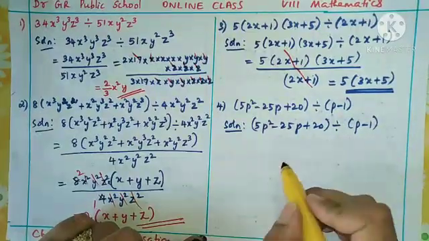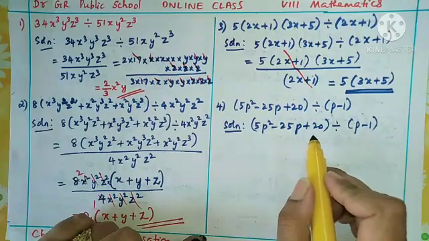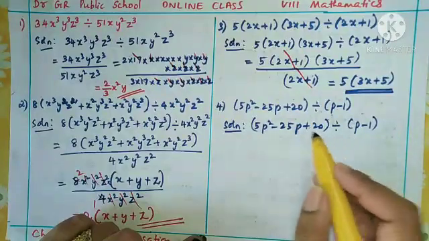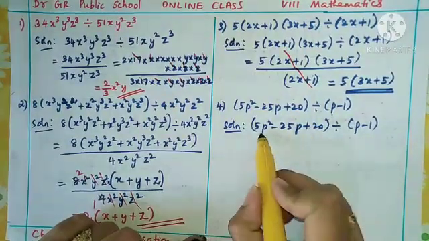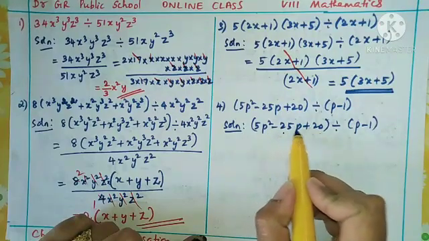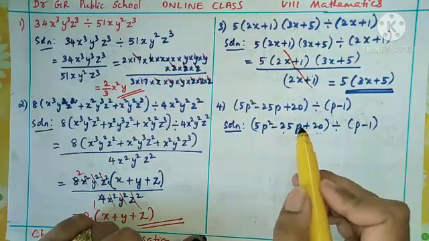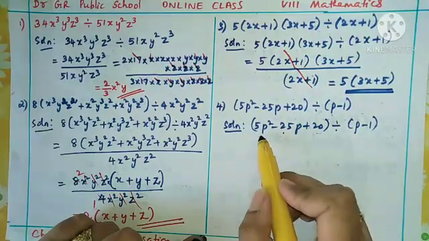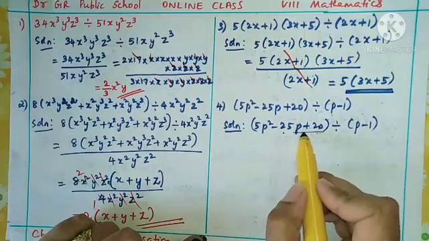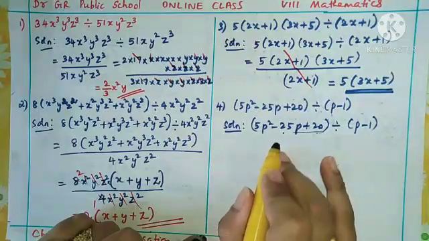So what I told you, you want to see the algebraic expression carefully and you want to verify whether we can take any common factor or anything outside the expression. So here when you see this expression 5, minus 25, plus 20, all these coefficients are multiples of 5. Okay, so we can take 5 in common from all these 3 terms.